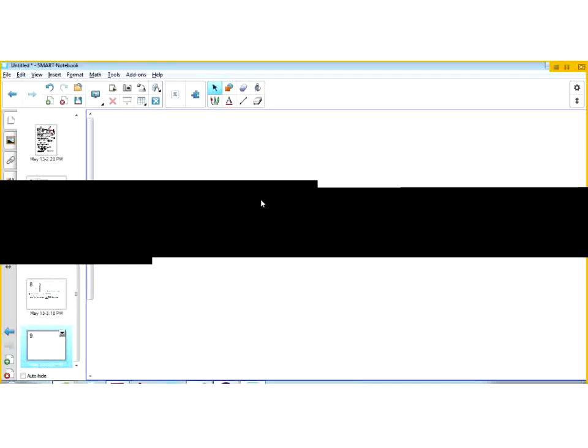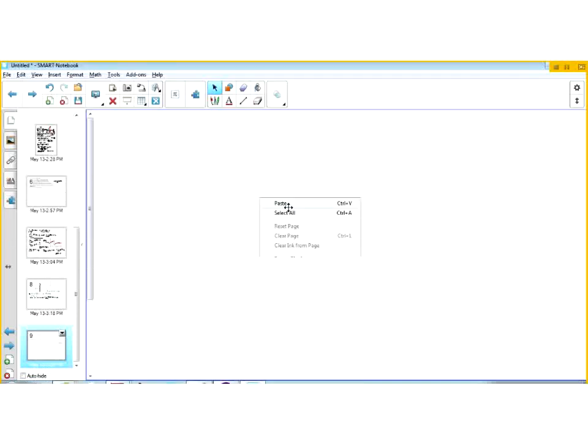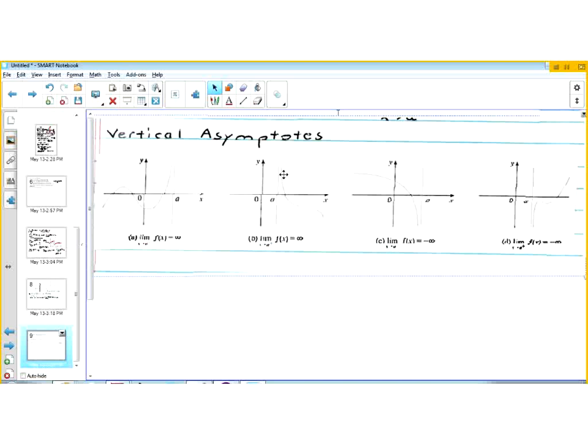So let me see if I can pull up another demonstration. Yeah, let me pull these figures. So vertical asymptotes can be determined by one-sided limits as well, as shown in this illustration.